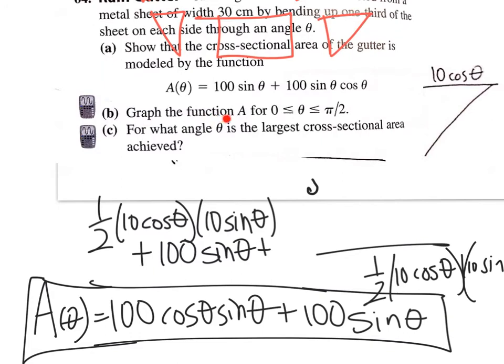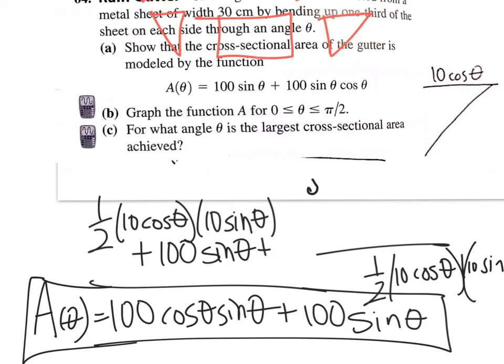Part B, graph the function that we just created between, so these are our x values, or theta values, right? We could think of this as x as well. Between 0 and pi over 2, so you should try that.